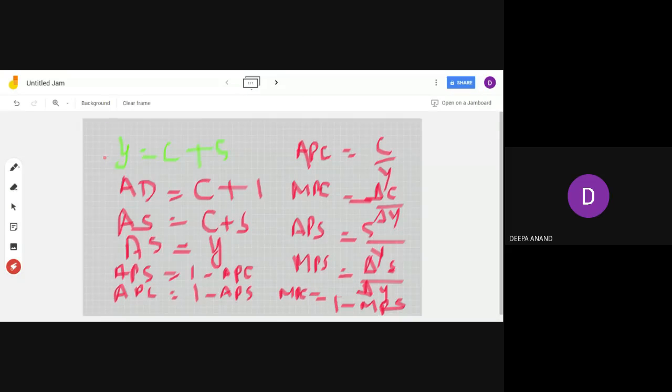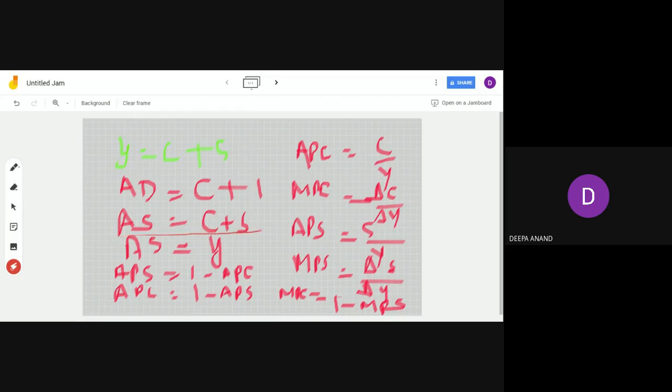Then aggregate demand. Aggregate demand is the aggregate expenditure. In this case, it is consumption expenditure plus investment expenditure, as we assume that there are only 2 sectors, household and business firm. So the next equation is AD is equal to C plus I. And what is AS?